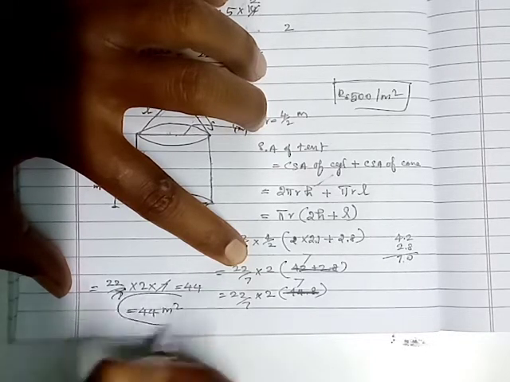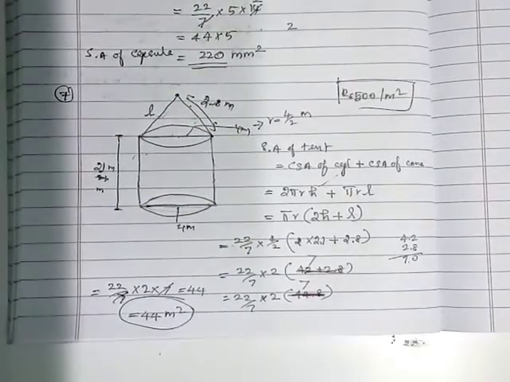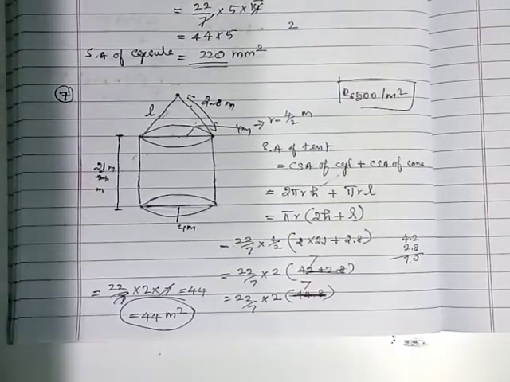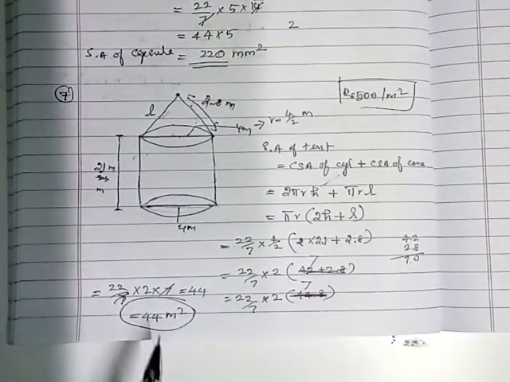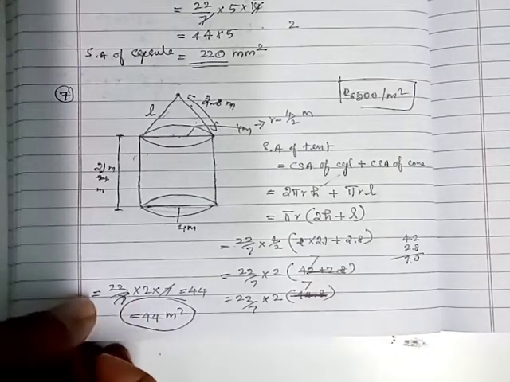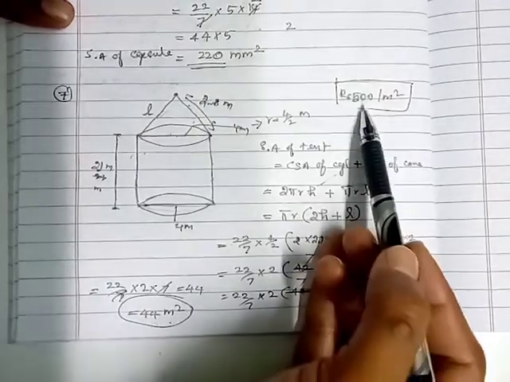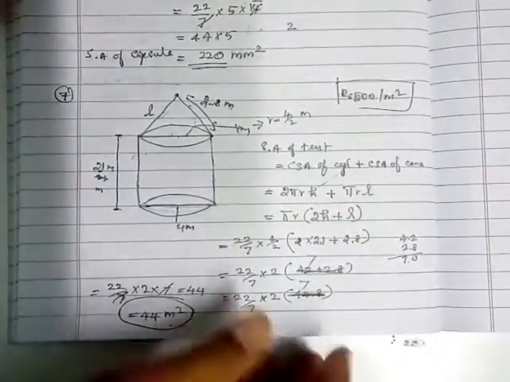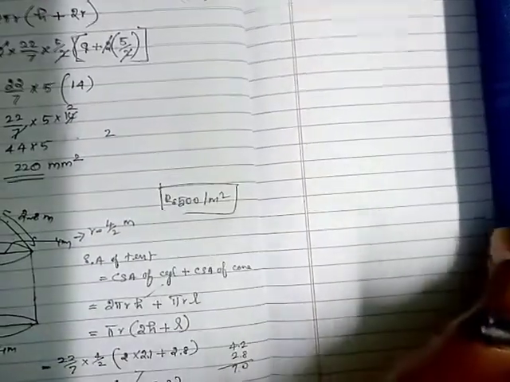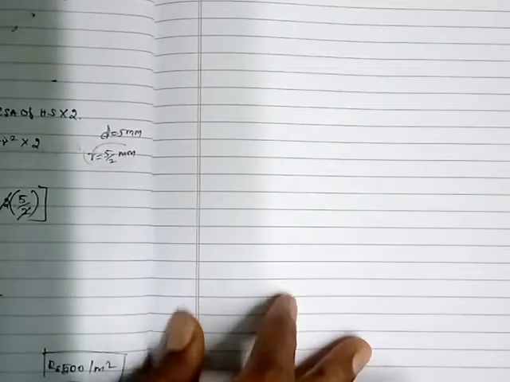So the material you need to make the tent is the canvas material, right? 44 meter squared of material you need, and per meter squared it is charged about rupees 500, right? So now what for 44 meter square?